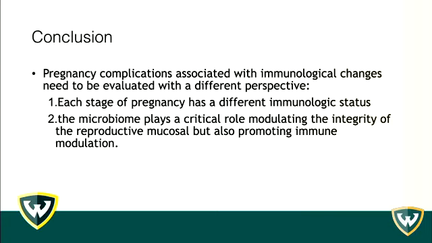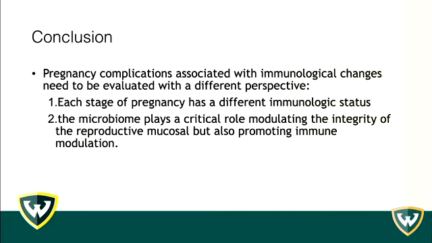Again, just to give an example of the importance of understanding how pregnancy is a changing environment and a very complex, evolving immunological condition. And the second one, which we are just at the beginning of understanding, is the role of the microbiome.